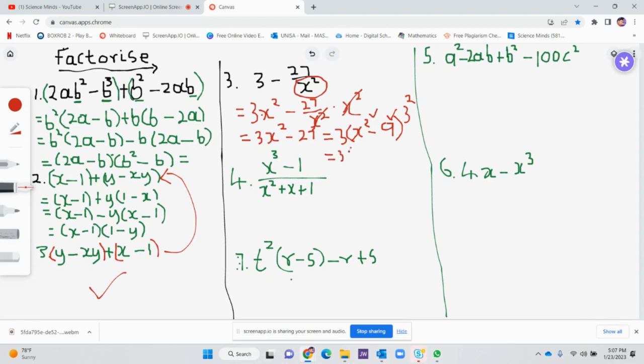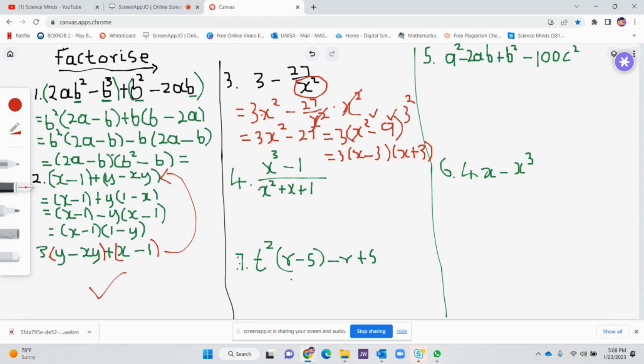We know factorization of a difference of 2 squares from the previous video will be the square root of x squared, which is x, minus the square root of 9, which is 3. And then we're going to have another bracket that is now x plus 3. And it's simple enough. It's fully factorized. 3 into x minus 3 into x plus 3.